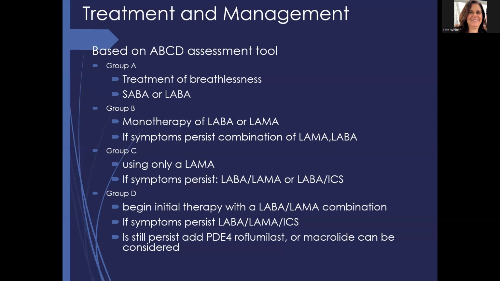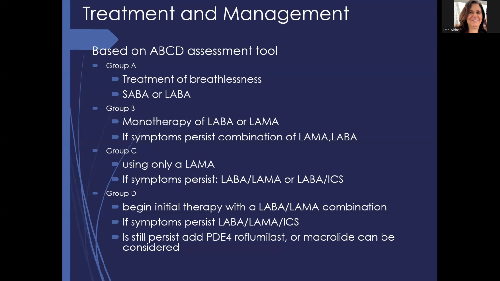Group C, using only a LAMA, because the reversibility isn't there. So why give them a beta agonist when the reversibility isn't there? If the symptoms persist and they don't get better, then a LABA/LAMA or a LABA with an inhaled corticosteroid. And you notice that inhaled corticosteroids only come into play when patients are more severe.